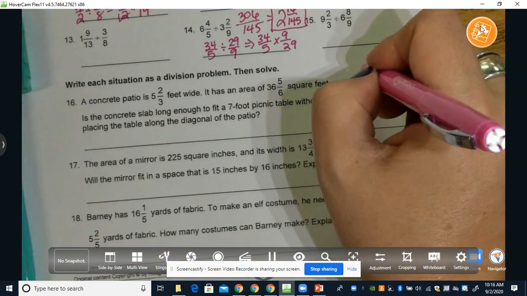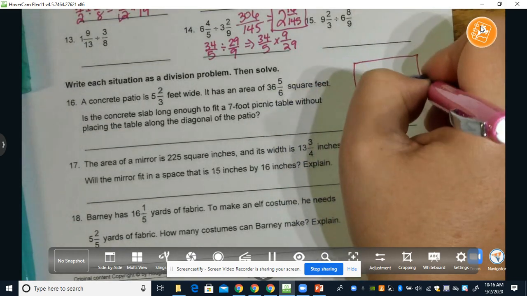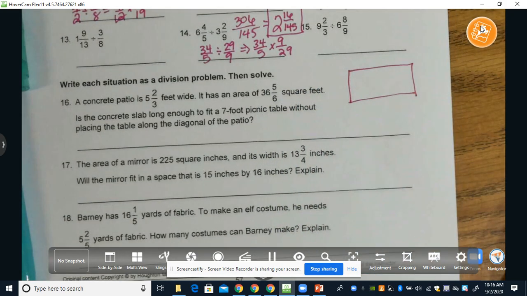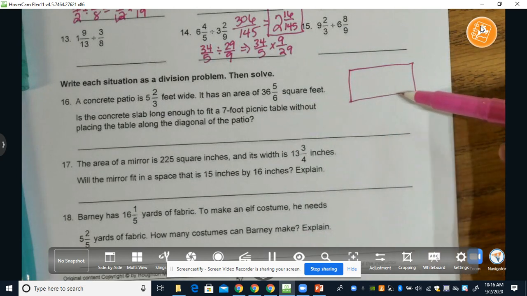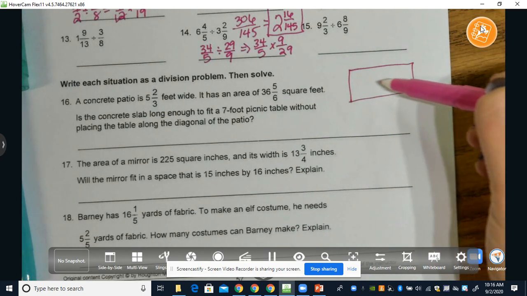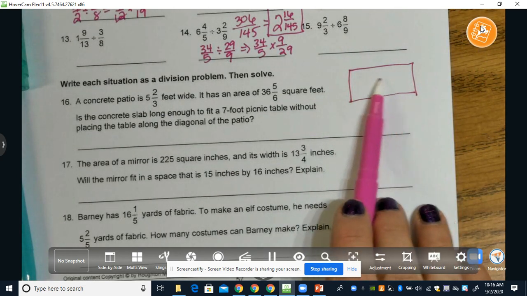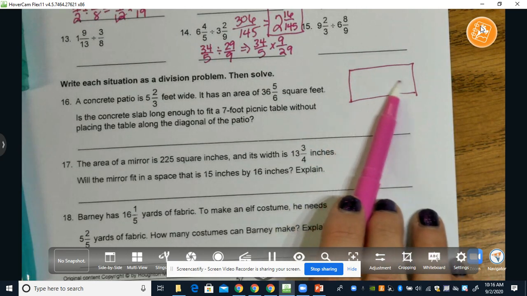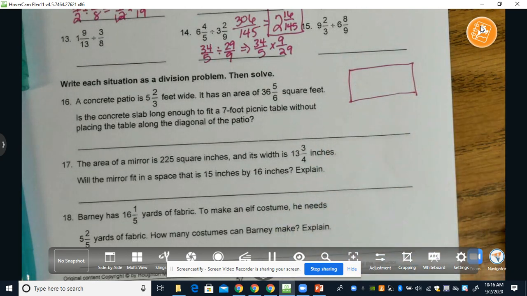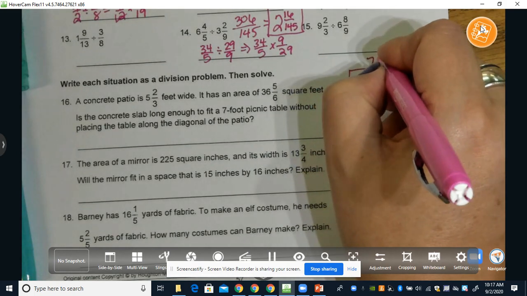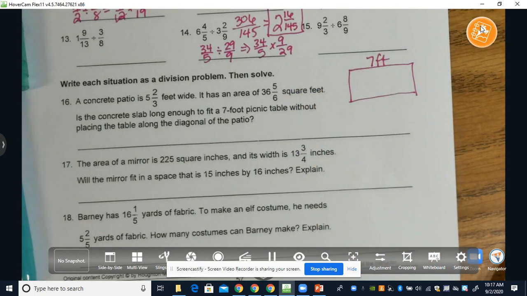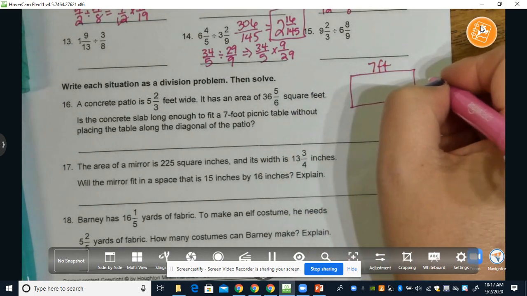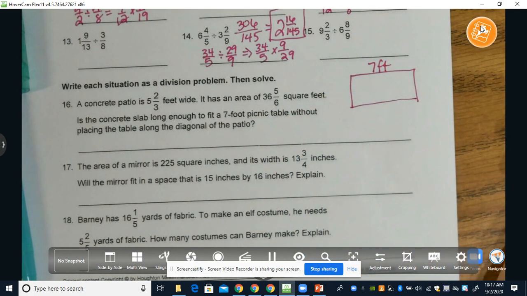So I'm going to draw a patio right here. It's a rectangle. What it means is you don't want the table to go this way. You want the table to lay horizontally, not at a diagonal. Okay, so if this is 7 feet, am I going to have enough room to fit that table right there?